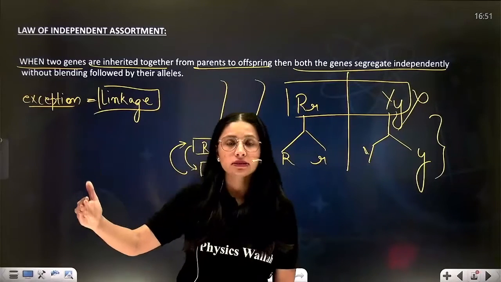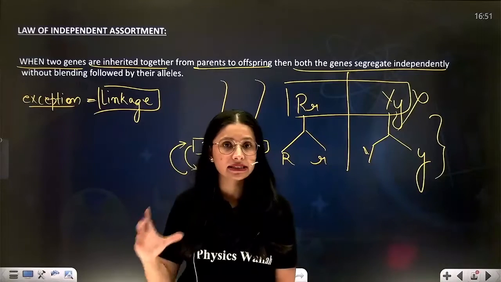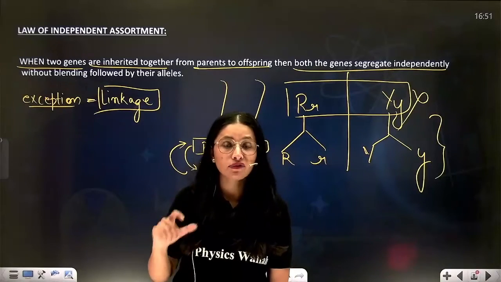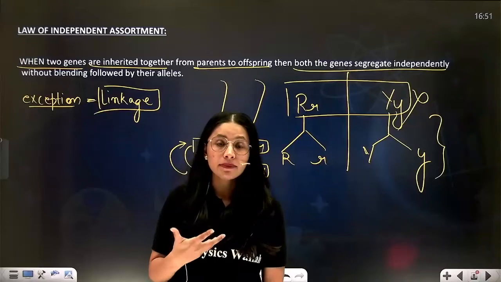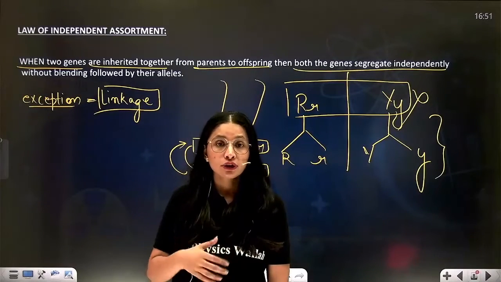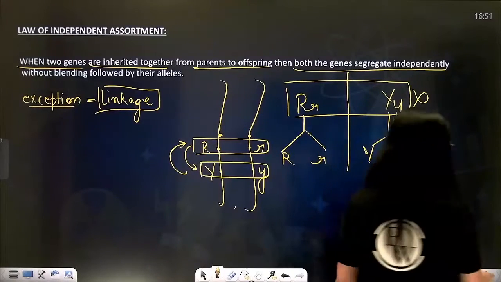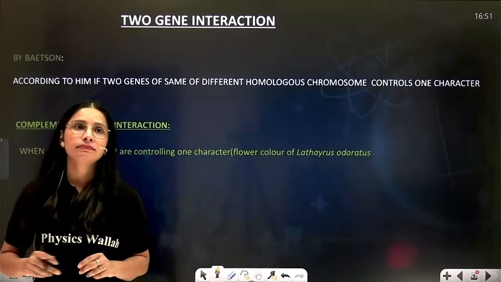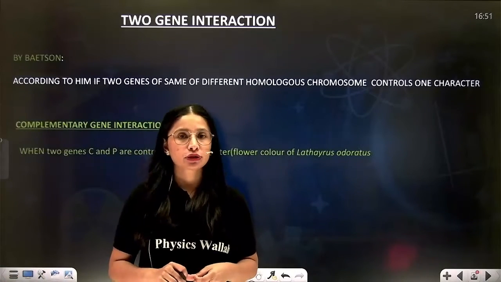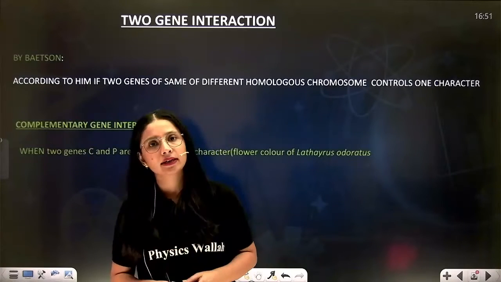So post-Mendel, another scientist came by the name Bateson, who is also known as the father of modern genetics. He added some more important points to enhance our understanding of genetics. Correct? So now we are going to study the post-Mendelism genetics, which was proposed by Bateson, also known as Batesonian genetics, right?